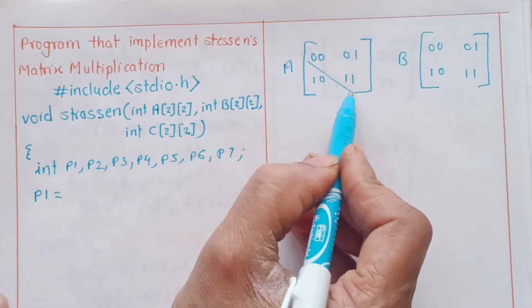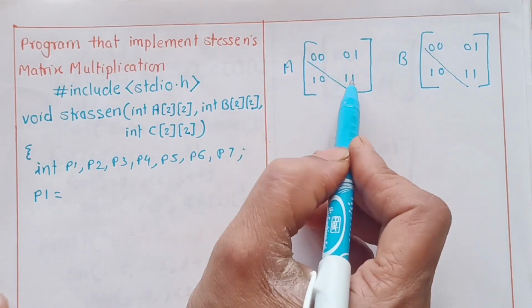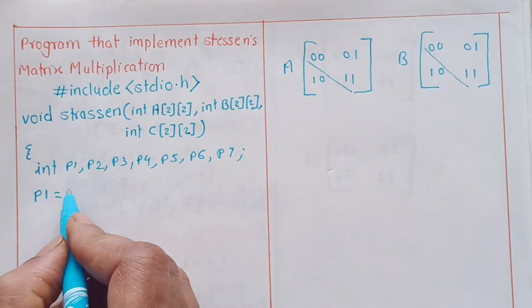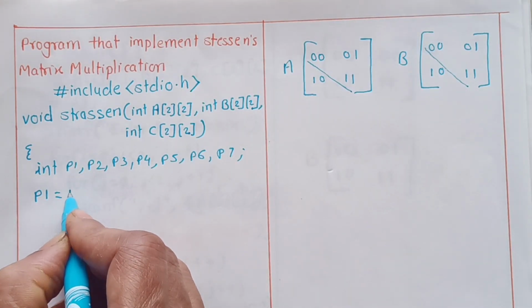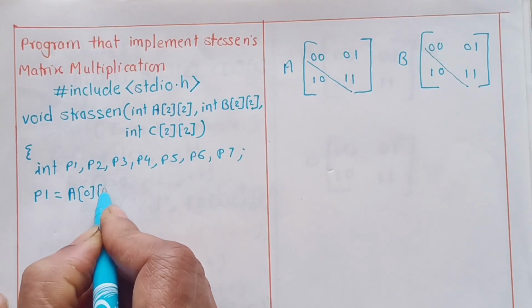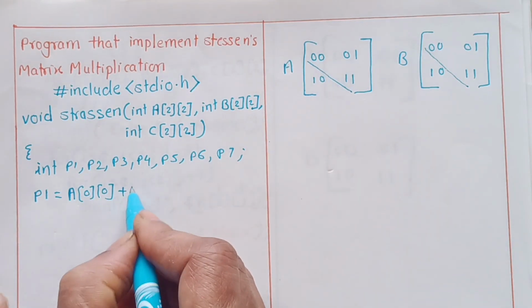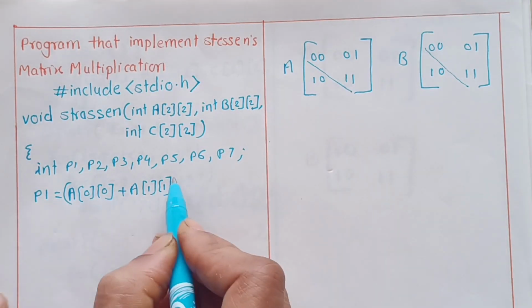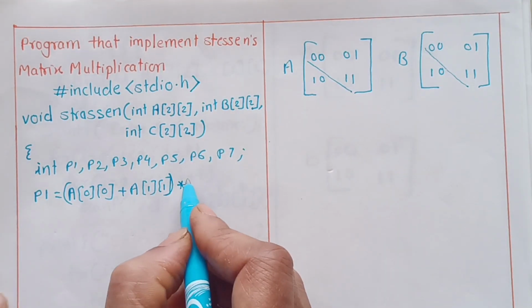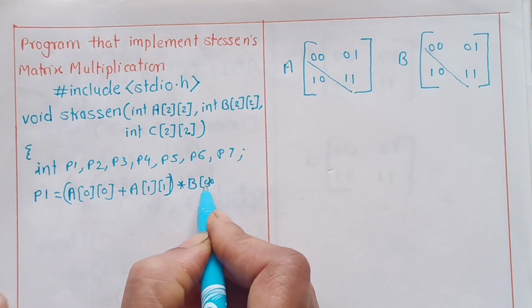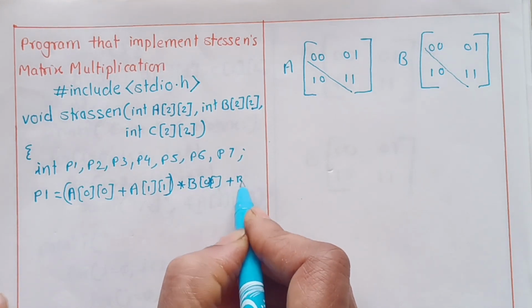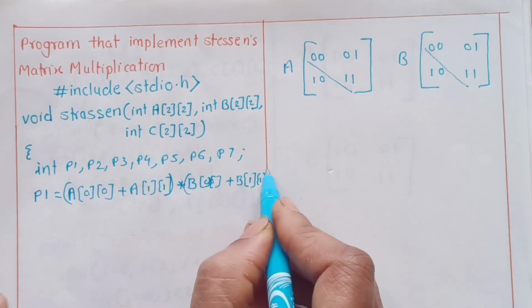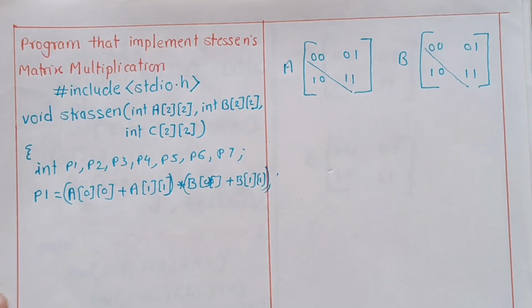You have to take the diagonal addition, multiplied by the other matrix's diagonal addition. So P1 equals what? A of 0 0, this one, plus A of 1 1, this one. This you have to add, multiplied by B of 0 0 plus B of this 1 1. This is the P1 formula.